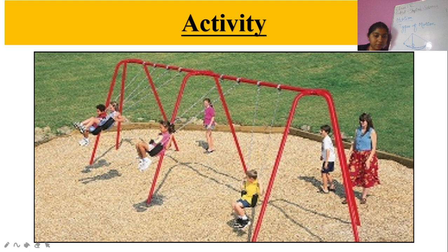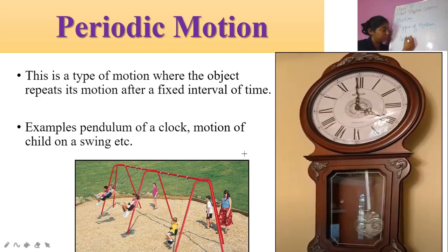So this is a motion of coming forward and backward, forward and backward. This kind of motion, what do we call it? That is periodic motion. What is that, students? That is periodic motion.